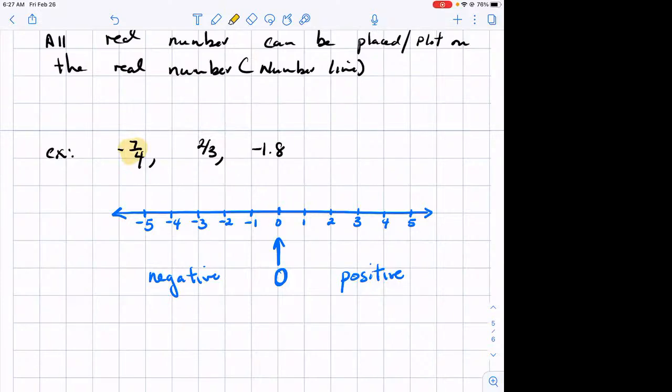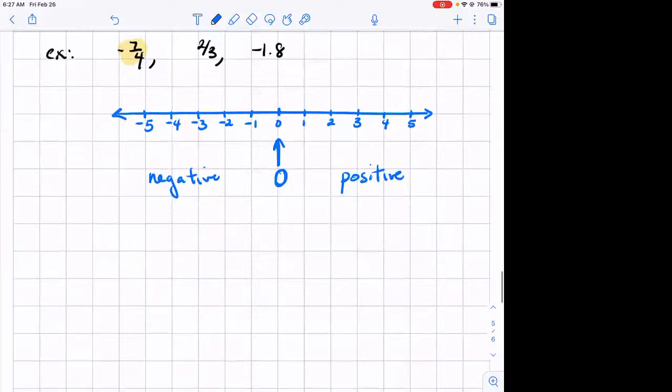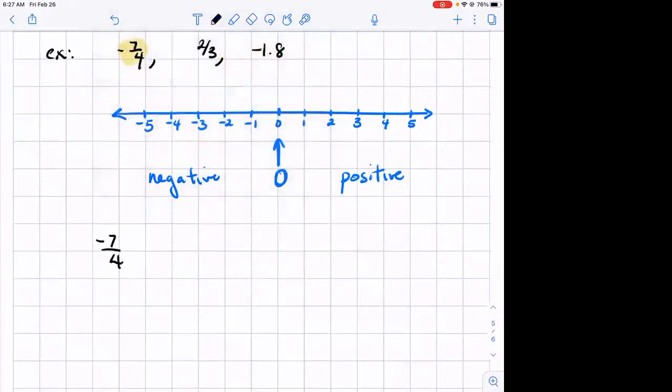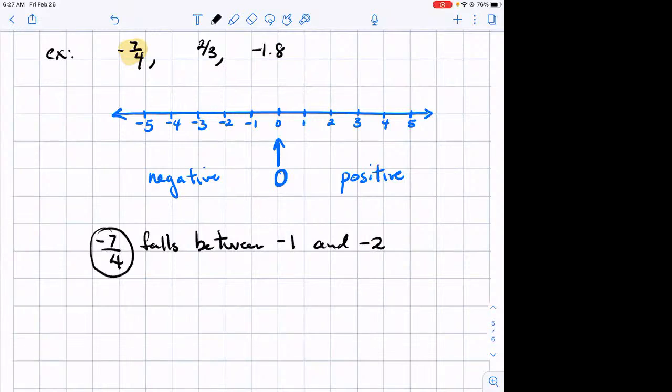Now if we look at negative 7 over 4, this falls between negative 1 and negative 2. Because if you simplify this, you'll get negative 1 and 3 over 4.